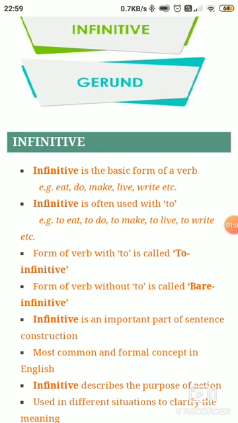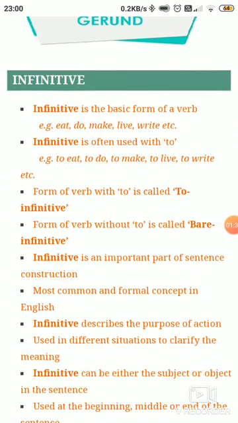Example: eat, do, make, live, write, etc. These are the basic form of verb. Now infinitive is often used with to, like: to eat, to do, to make, to live, to write, etc. So this was infinitive with the base form and infinitive used with to in the structure.